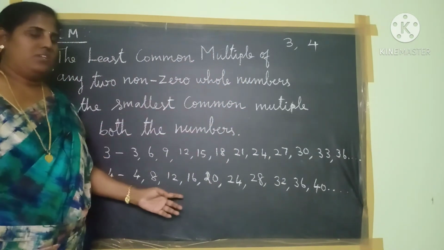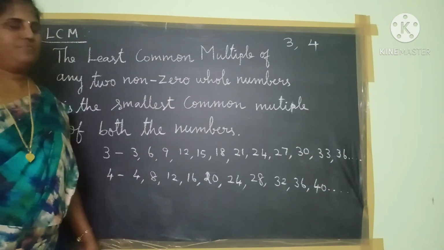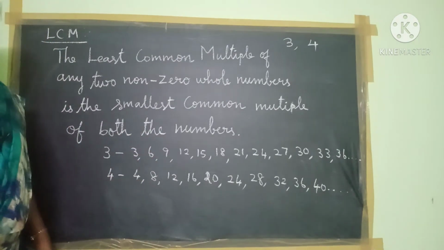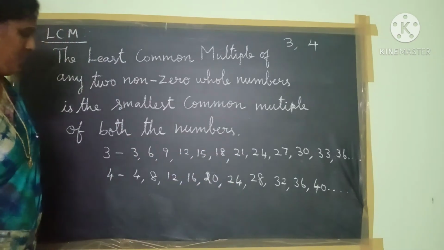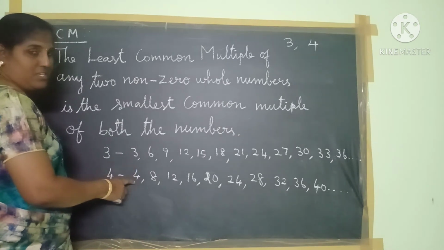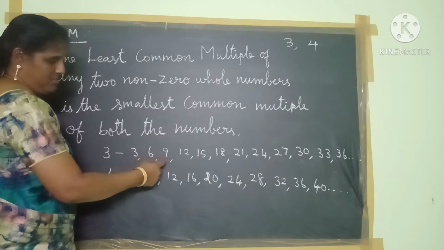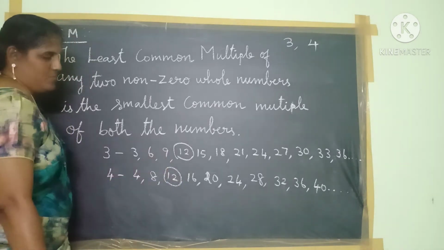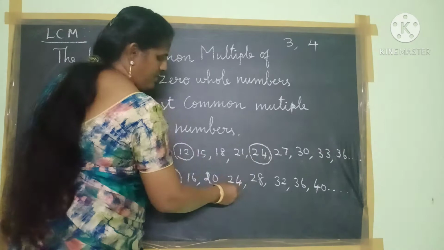That is, first you list out the multiples of both the numbers. Step 2: now mark the common multiples of both the numbers. Here 3 is not common. The next ones: 6, 9 and next 12. 12 is common.